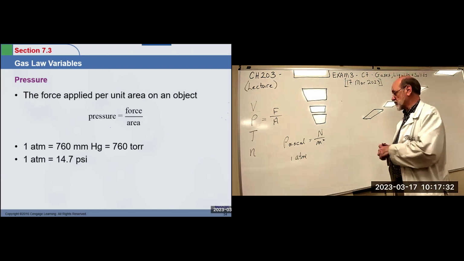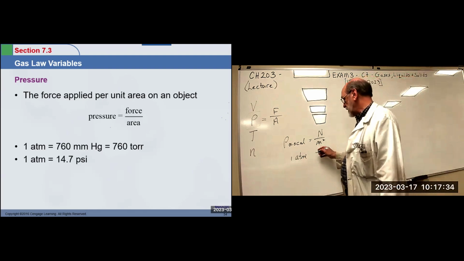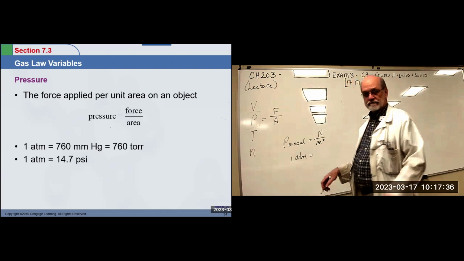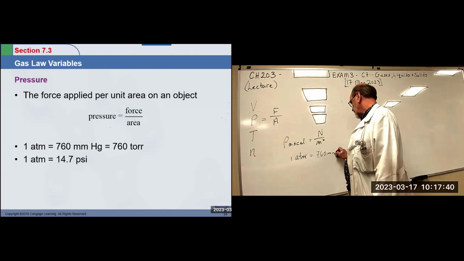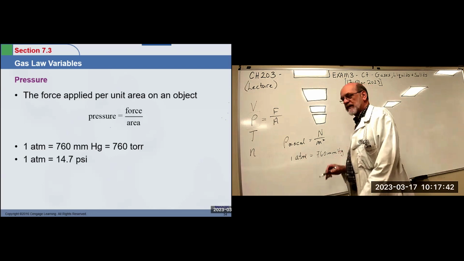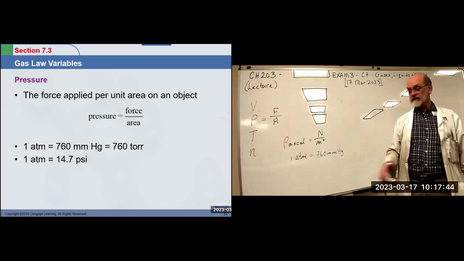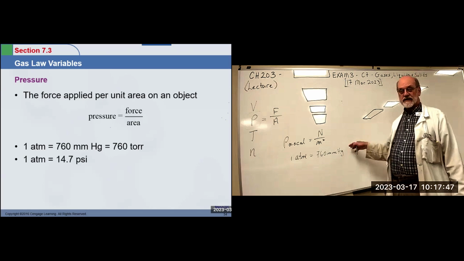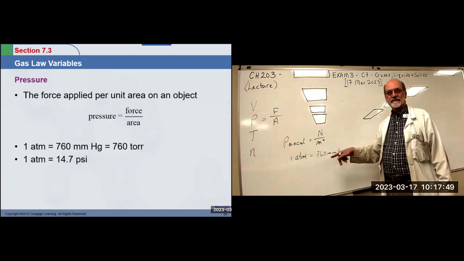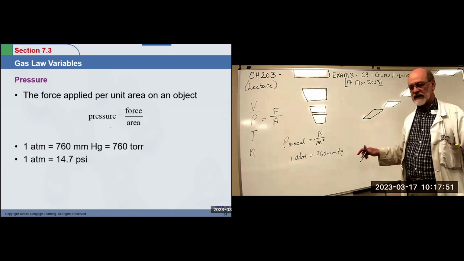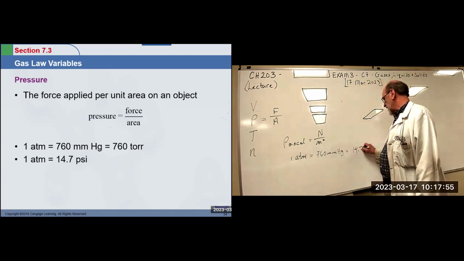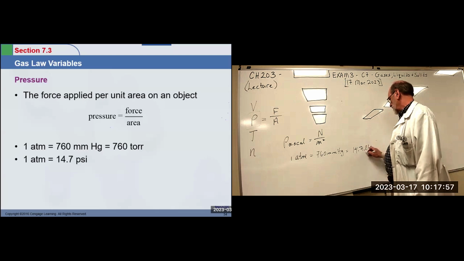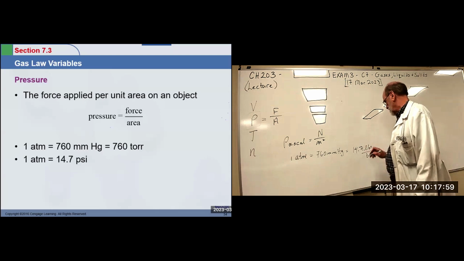But we have interconversions also available. 1 atmosphere can also be 760 millimeters of mercury. Now, that probably won't mean anything to you because we haven't defined what that means. That's based on the barometer. We're going to describe the barometer in a minute or two. This is also 14.7 pounds per square inch.